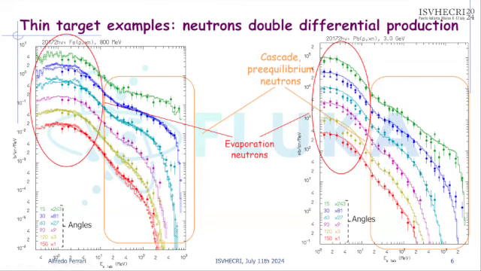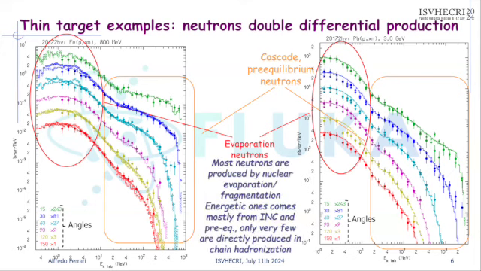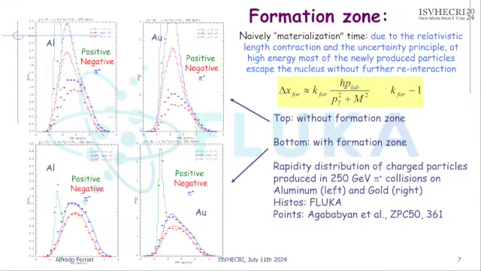So if you want to do neutrons, you absolutely have to have this kind of process, initial and final state processes, in your description. I will come back on this later, and I think Ralph already touched this point on Tuesday afternoon. Only very few neutrons, even in very high energy interactions, really come directly from string or chain hadronization.